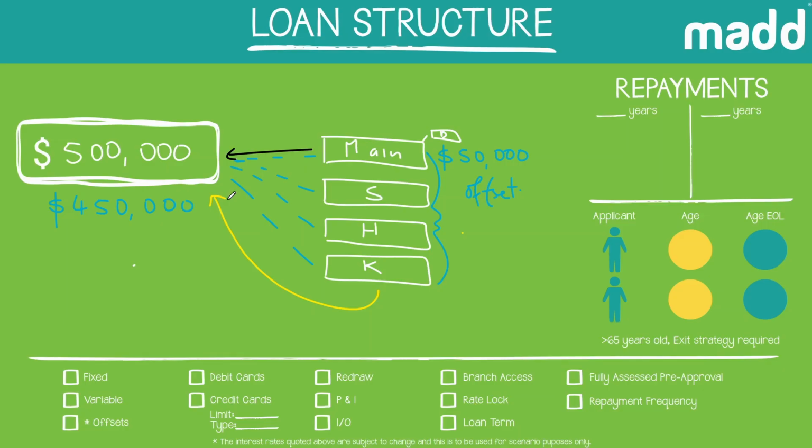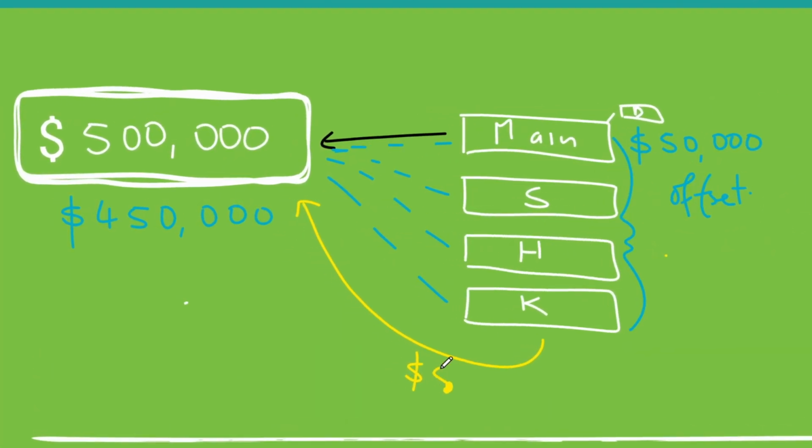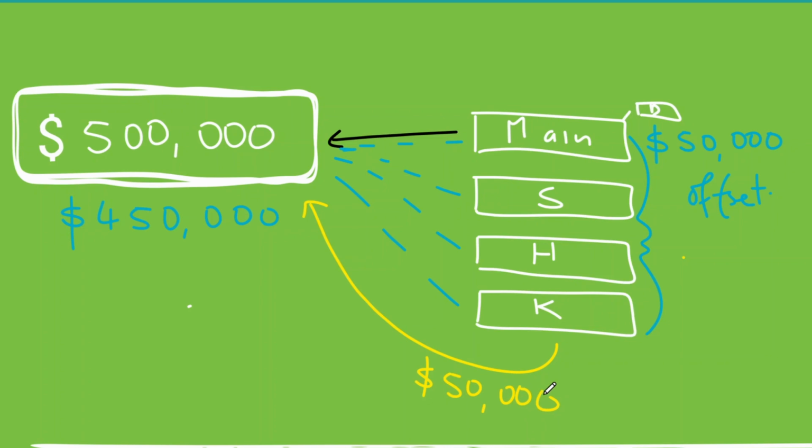Well, how does that look? If you transferred $50,000, the balance appearing on your home loan will appear as $450,000. And just underneath that, in little writing, you'll be able to see available funds or redraw. Depending on the bank, they name it something a little bit different, and it will appear as $50,000.